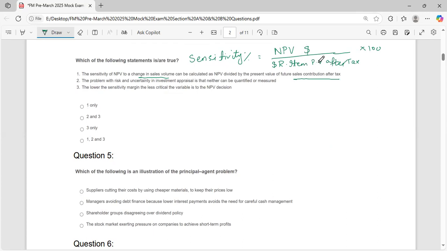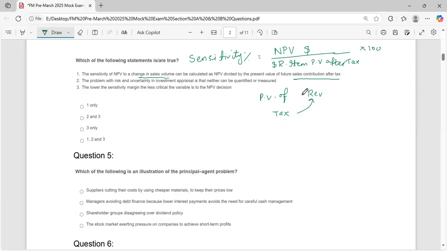Now the second technical point which we need to learn: if we are going to calculate sensitivity percentage in a 20 marks question of investment appraisal, then tax does not mean the taxation which we determine during the calculation of net present value. If we are calculating present value of revenue, we will calculate tax on revenue.